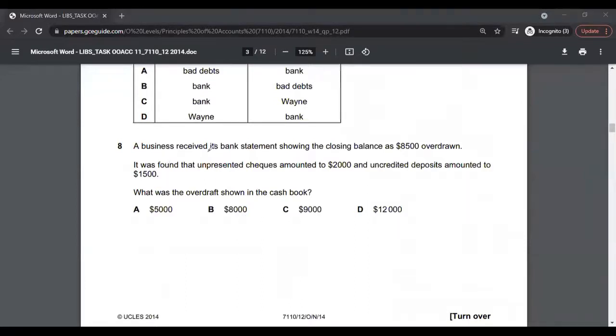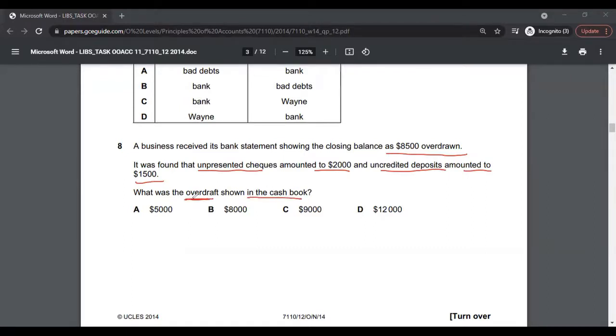Multiple choice 8. A business received its bank statement showing the closing balance of $8,500 overdrawn. It was found that unpresented checks amounted to $2,000 and uncredited deposits amounted to $1,500. What was the overdraft shown in the cash book?